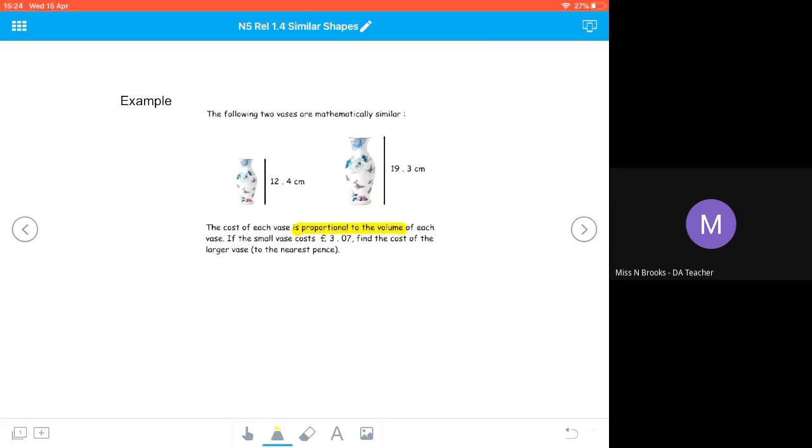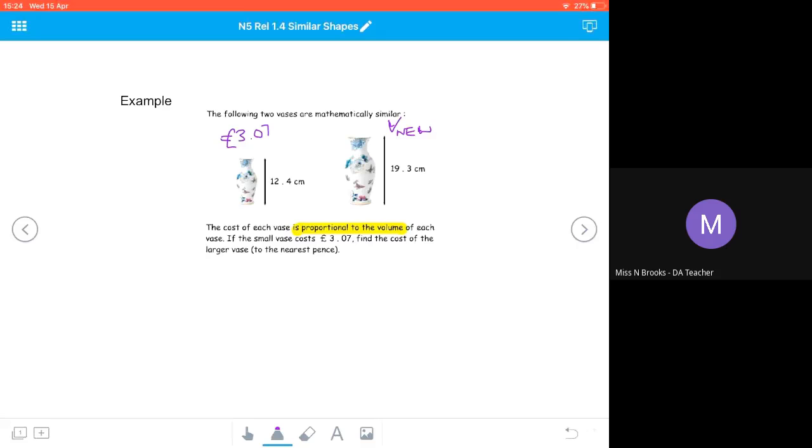So if we go back and annotate our picture, we know that the small vase costs £3.07, and we want to work out what V new is in terms of the price rather than the volume of the vase, but it's proportional to the volume.